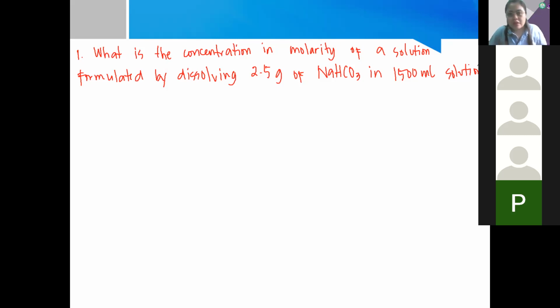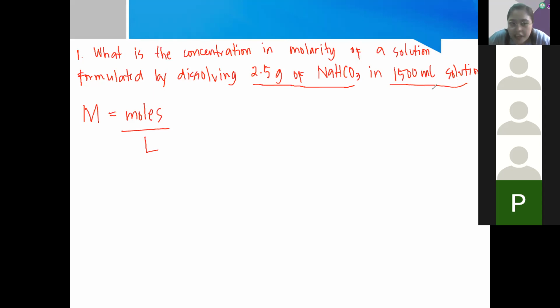Okay. So anong gagawin? Let's go back to the formula. Molarity is equal to moles per liter. Yan yung hinahanap, molarity ng ating solution, concentration niya. Pero paano ba ginawa ang solution? Gumamit ng 2.5 grams of sodium bicarb, dinisolve in 1,500 ml na solution.